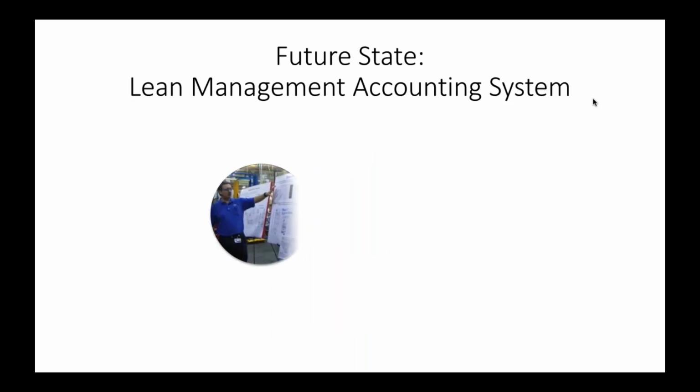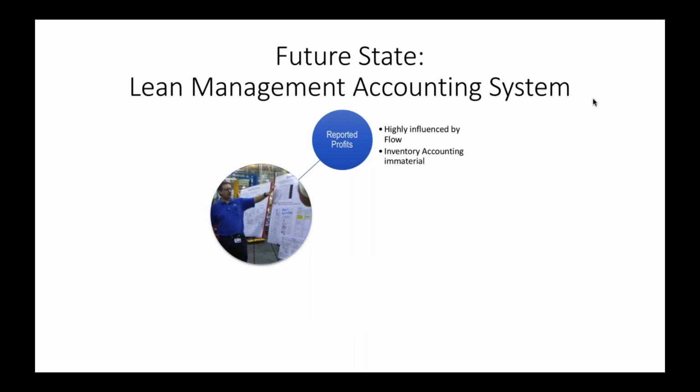What's important to understand is the future state of a lean management accounting system: reported profits are highly influenced by the flow of work through a value stream. Inventory accounting is immaterial because you don't have as much inventory, so you don't have to have a complex inventory accounting system.